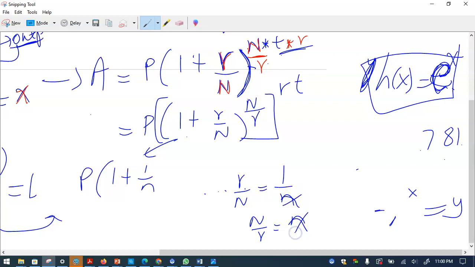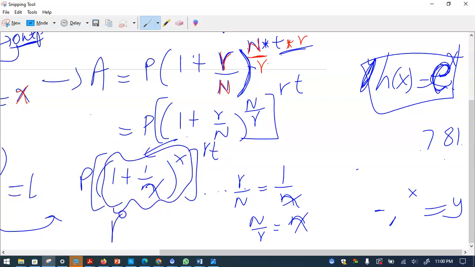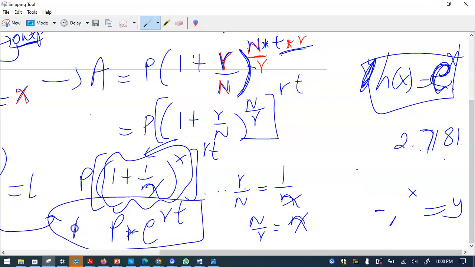This becomes 1 plus 1 over x raised to x, and then RT, and this whole thing approaches that E, which is 2.7182, and that's why we write e raised to RT. When you want to grow your money continuously, compounding every second, this is the formula to be used. So that's how the E comes from.